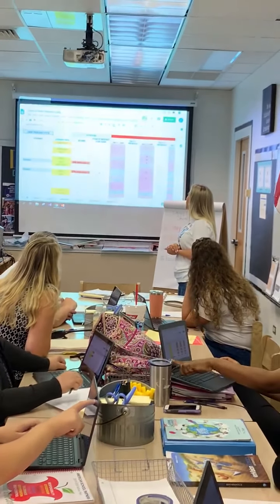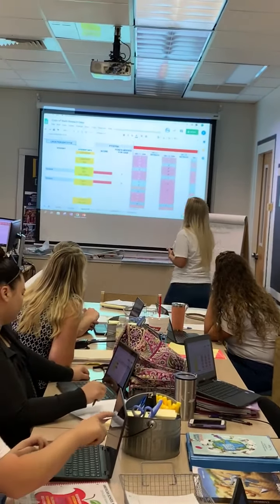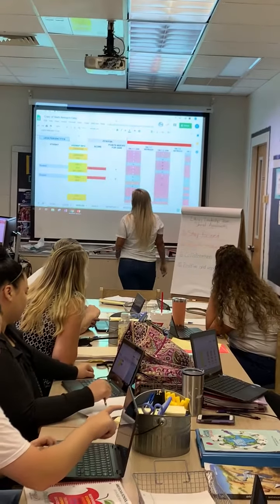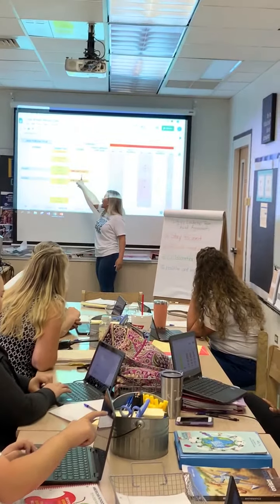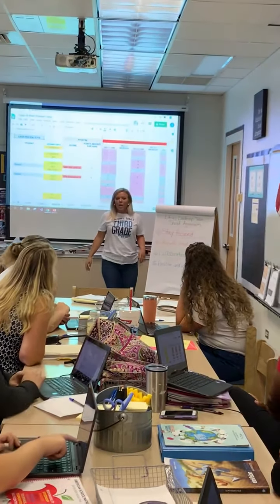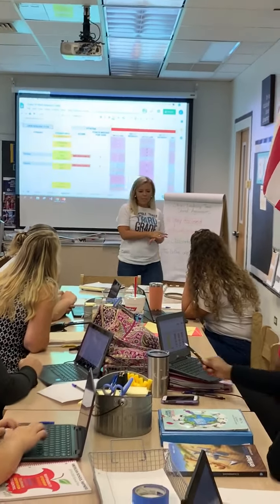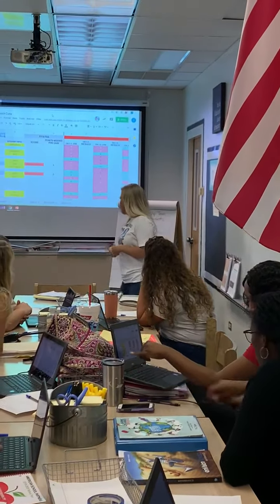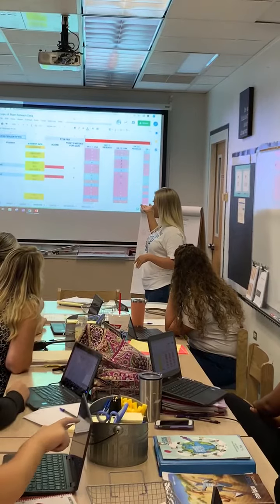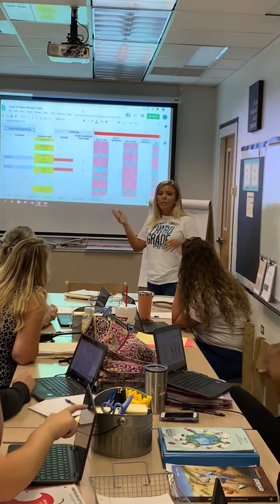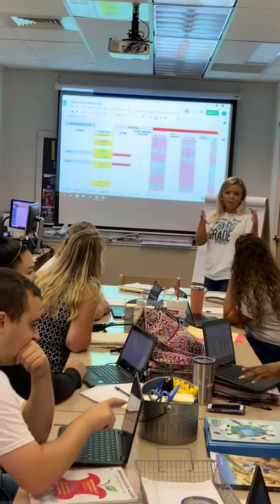So when I'm looking at this child, student one's score, I see he or she was a mid-level 1. And that tells me that I would want to look at their actual score, the 266. I want to see how many points they need to get to the high 1.